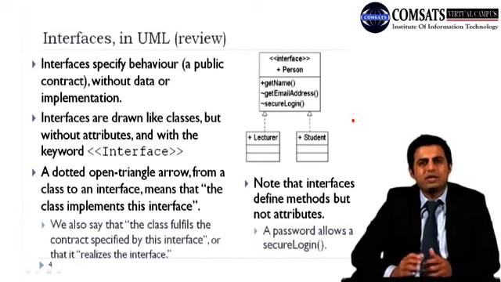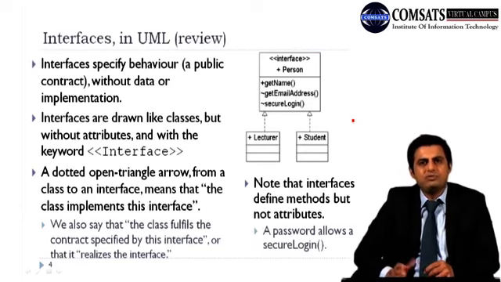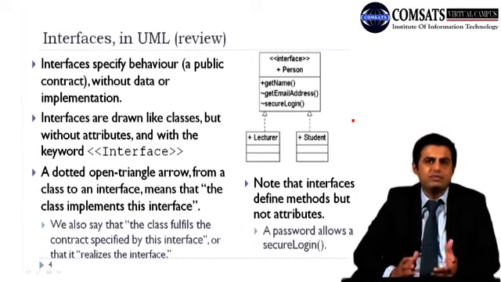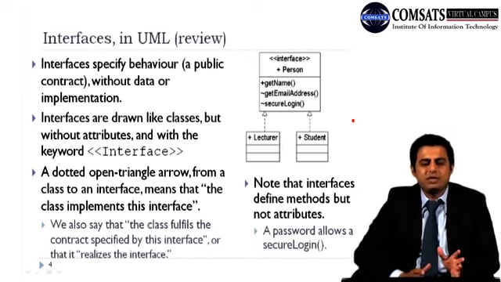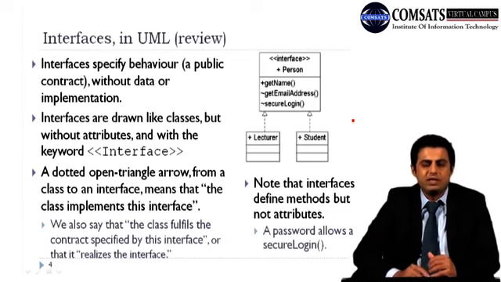So it's a contract which has been agreed upon by both parties, by the party who has assigned you to develop the system and you as a developer. So if this is an agreed upon contract, then you have to implement all the methods which it has got.